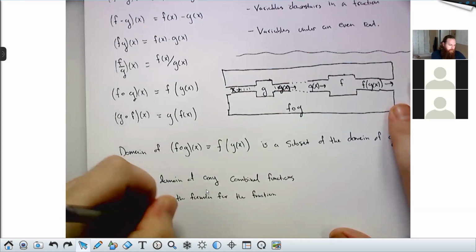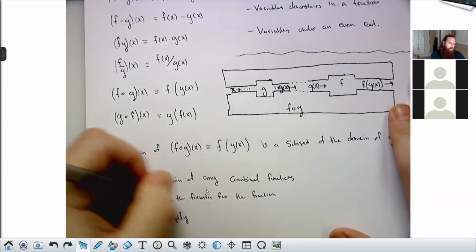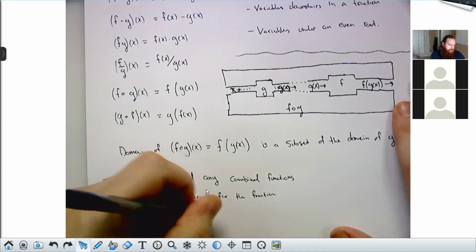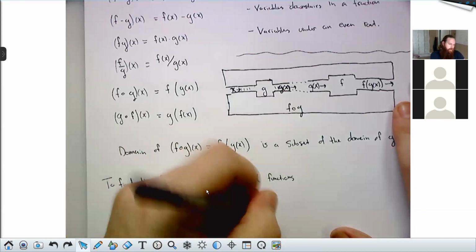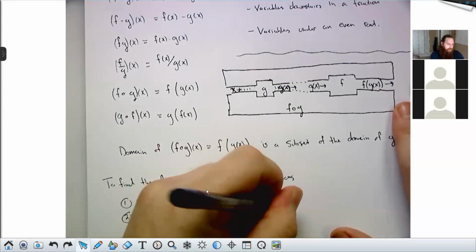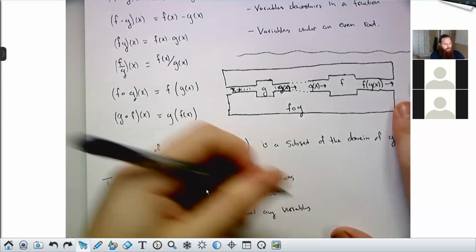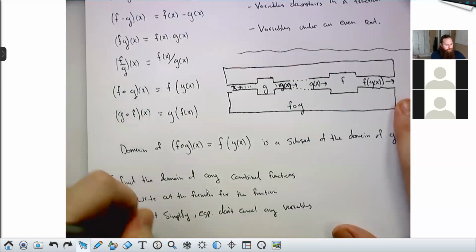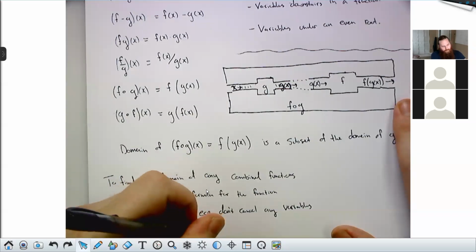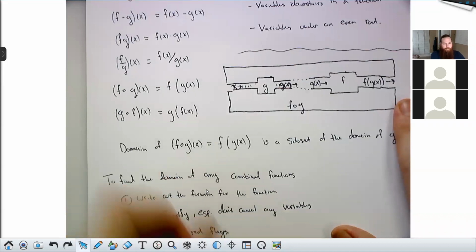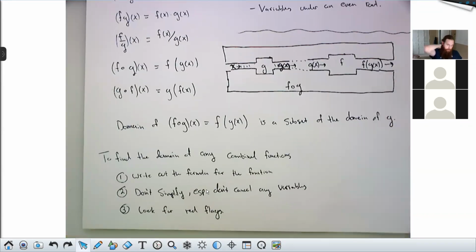Don't simplify. Especially don't cancel any variables. Then look for red flags. Okay?